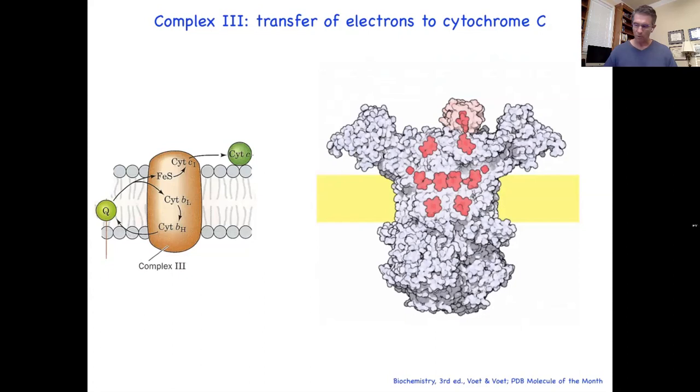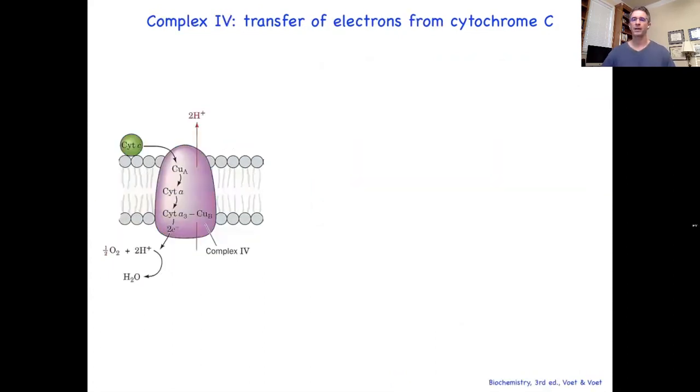Okay, so with that, we will have taken those electrons out of complex 3, put them into this little diffusible carrier, cytochrome C, and now we're going to move them into the final stage of this electron transport process, where we're going to ultimately make water and dump those electrons off, right?